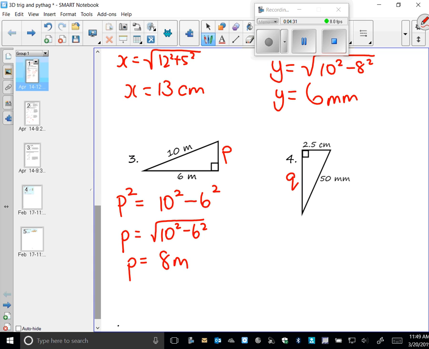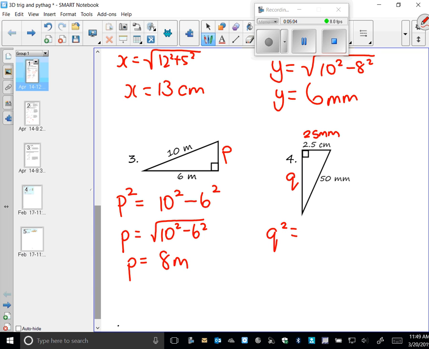So I'm going to get rid of my decimals if I can. I'm going to change this value at the top to be in millimeters. So 2.5 centimeters is 25 millimeters. You just times by 10, right? Correct. So now we've got the same units. What will I do now? Q squared equals... Is Q a long or a short side?